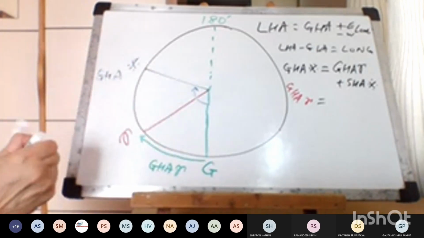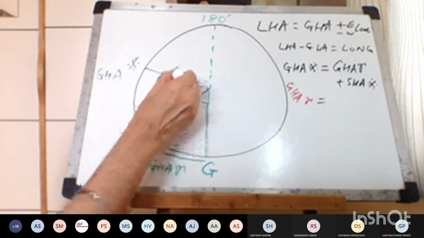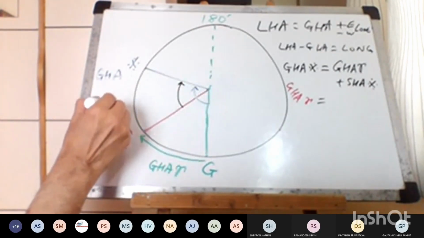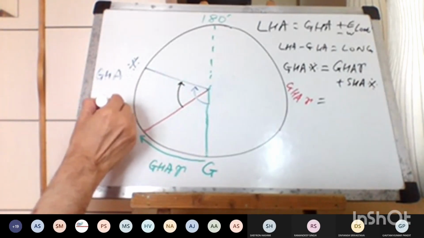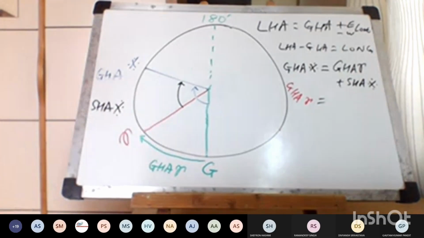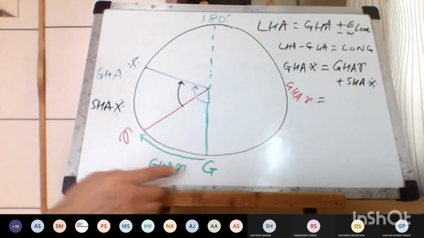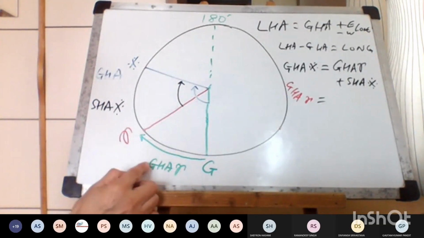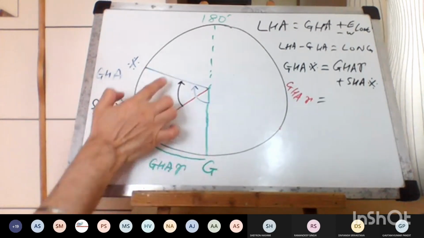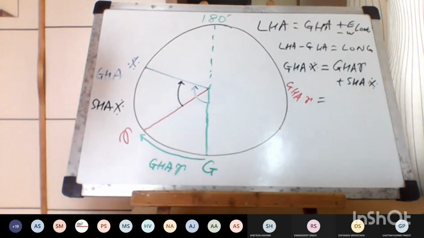And this becomes SHA star. Anyone has any doubt on this one, or is this correct? Greenwich to Aries is GHA Aries. Greenwich to star is GHA star. Aries to star is SHA star. Is this clear to everyone? Yes, sir.